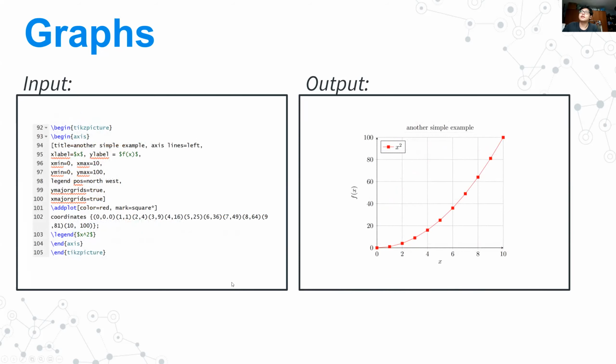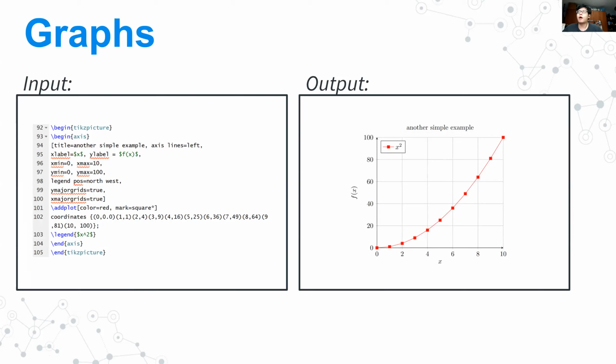Then this is another example of a graph. Again, we begin our tikzpicture and axis environment. Then we do the title, the labeling, the range of our x and y values, then our legend position and so on. But now, instead of specifying the function, I will specify some coordinate points and connect them with straight lines.